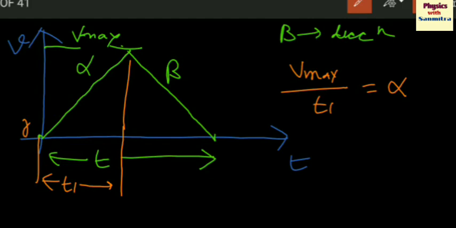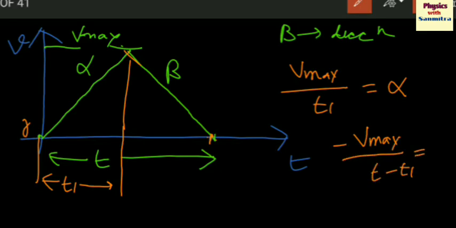Now what is the next one? In the second part of the motion, the final velocity is 0 and the initial velocity is v max. So it is going from v max to 0, that is minus v max, divided by t minus t1.